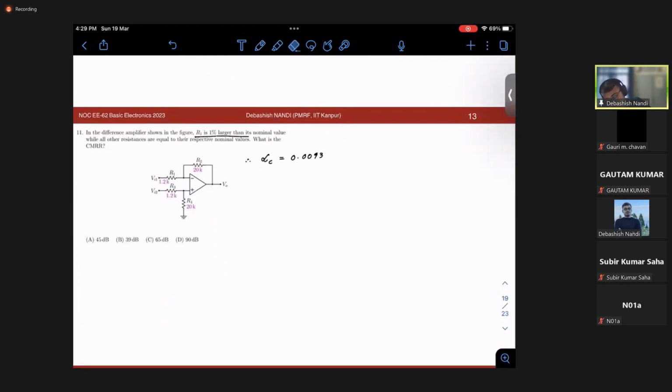Can you tell me the differential gain? Anyone? We have discussed this kind of circuit today several times. Can anyone please unmute and tell me what alpha D will be just by looking at the circuit?